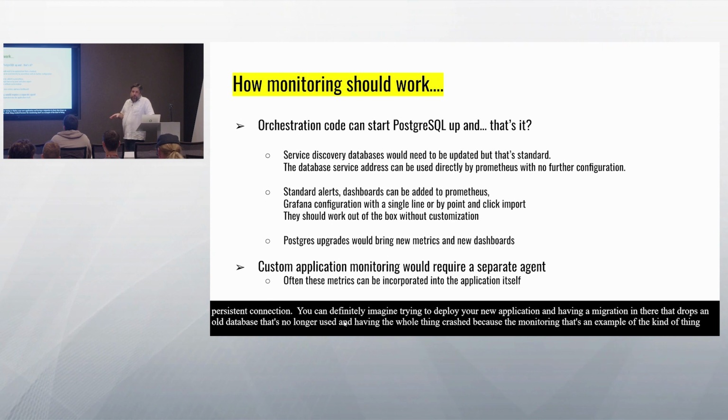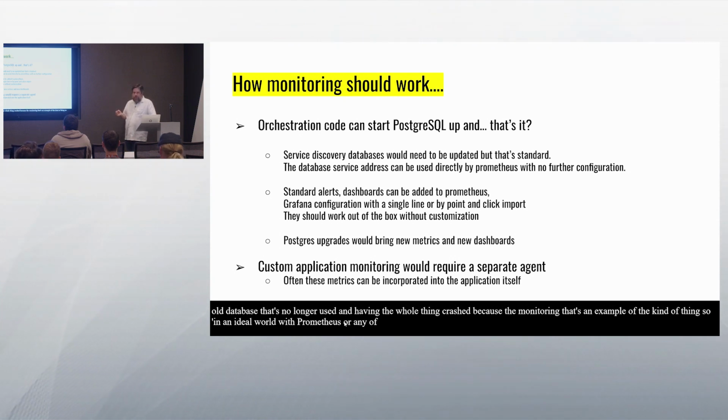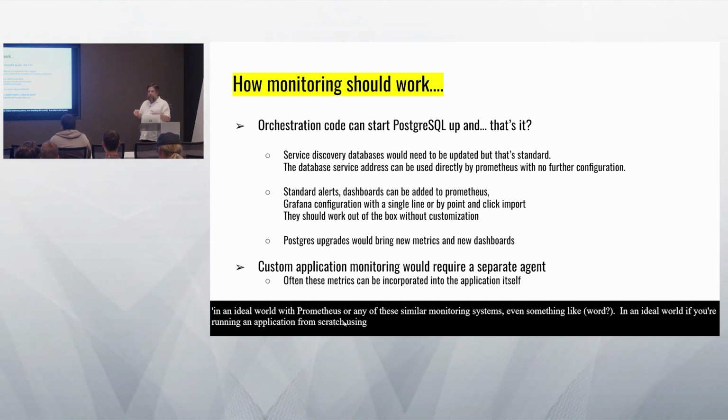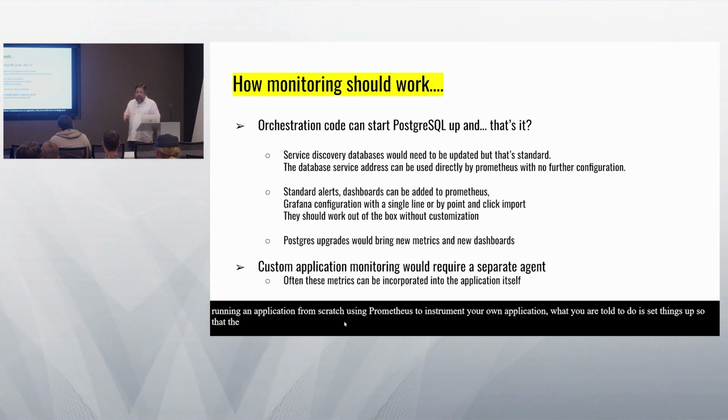In an ideal world with Prometheus or any of these similar monitoring systems, even something like Nagios, if you're writing an application from scratch using Prometheus libraries to instrument your own application, what you're told to do is set things up so that the monitoring software, and I'm going to keep saying Prometheus, but it's a stand-in for all of these things, M3, Datadog, whatever.